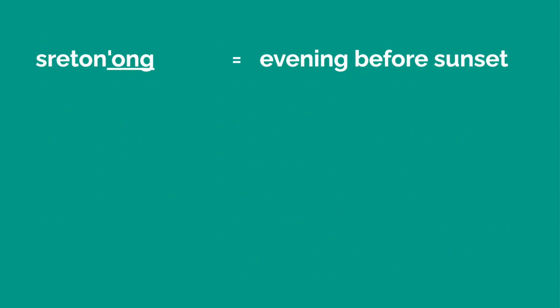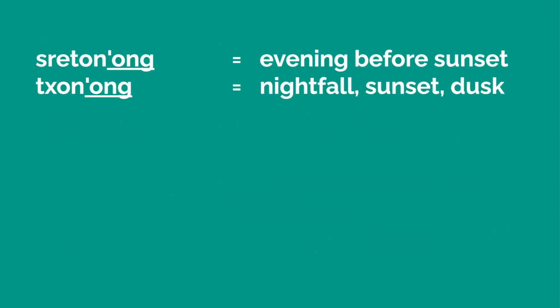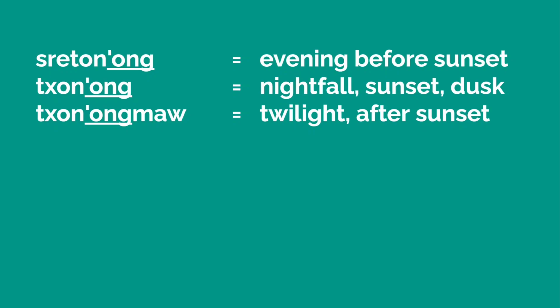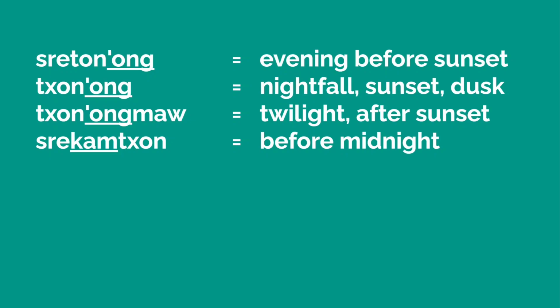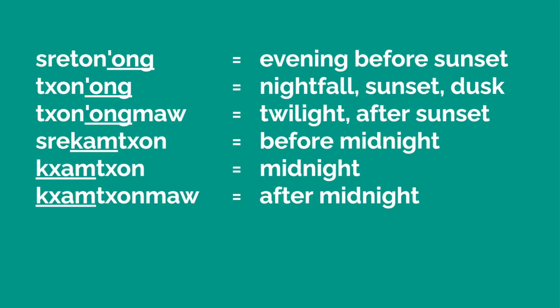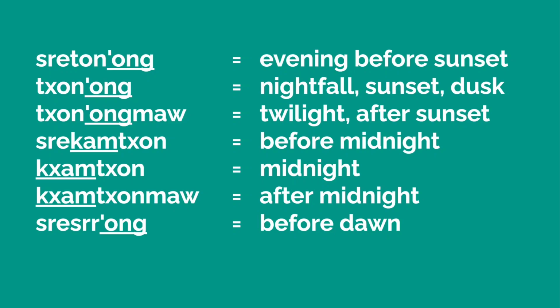Sreton ong, the evening before sunset. On ong, nightfall, sunset or dusk. On ong mau, twilight after sunset. Srekamt on, before midnight. Then kamt on, midnight, so the middle of the night. Kamt on mau, after midnight. And sre sr ong, before dawn.